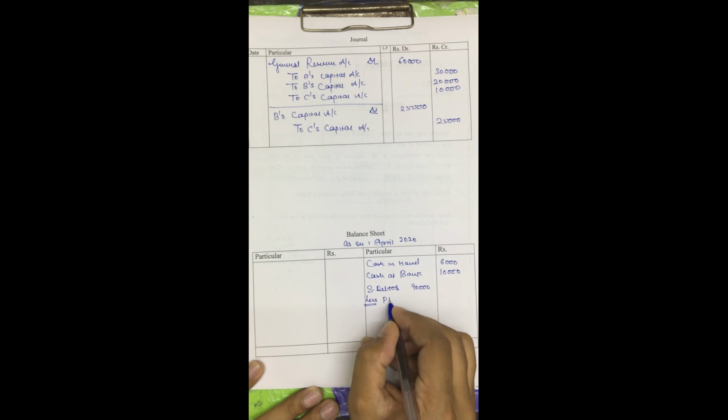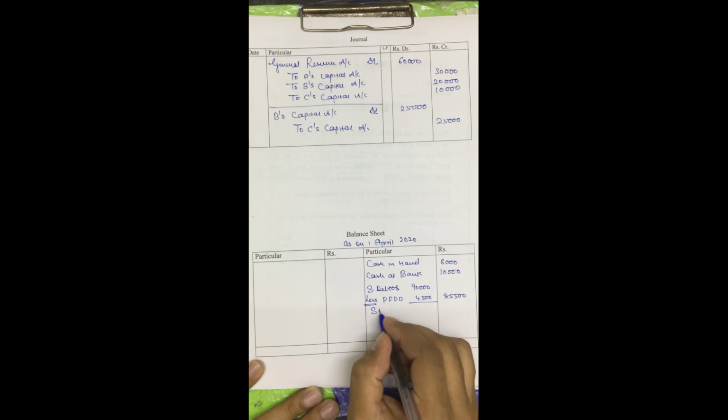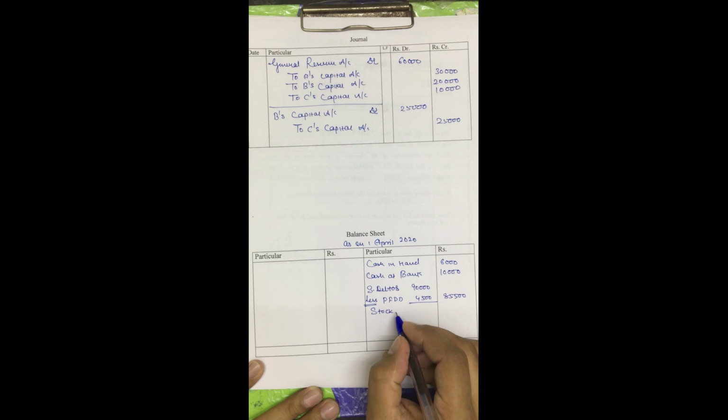Sundry debtors. So we know we have created a provision on that. So less provision for doubtful debts, that we have calculated 4,500, so we will deduct, that is 85,500. Stock, that is 70,000, we have decreased by 3,500, that is 66,500.